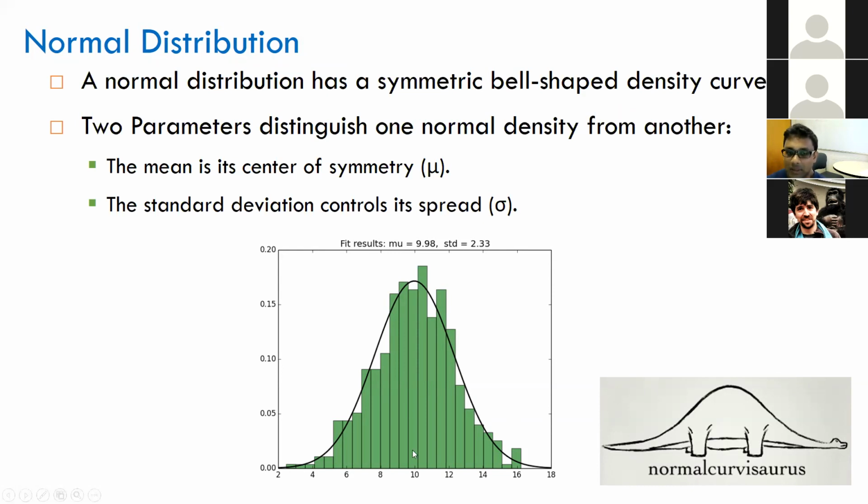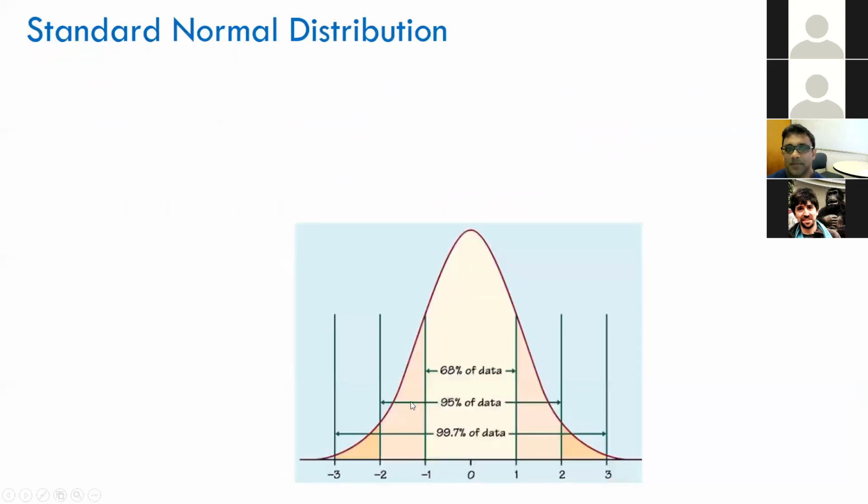Your mean here, and then the standard deviation, which is how much values deviate from your mean, and explains the spread. So that's how the normal distribution works.